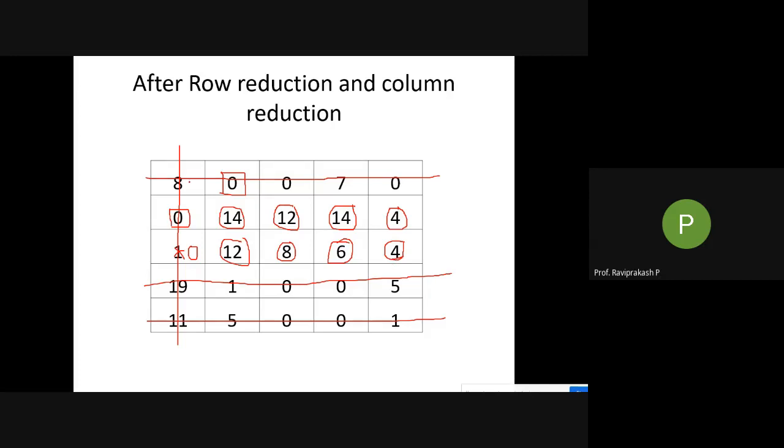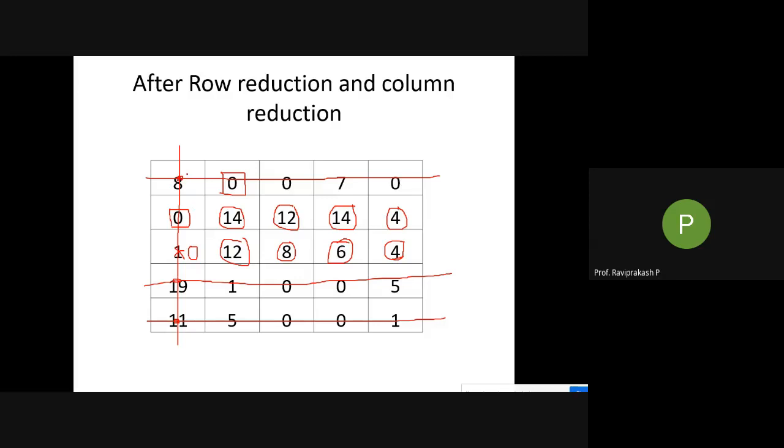So what we need to do, wherever we are having this particular intersection, 1, 2 and 3, we need to add this particular smaller number here, and we need to subtract this particular number in all the other places. So if you add 4 here, this becomes 12, this becomes 19 plus 4, 23. Okay, 11 plus 4 is 15.